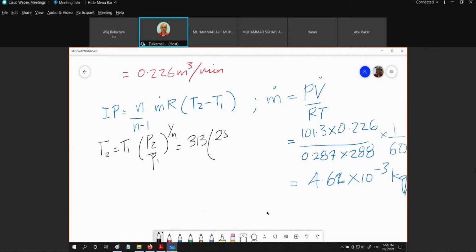So ni ada 25 bagikan dengan 1.013, 1 divided by 1.3. So you get higher T2, higher T2 compared to problem 3.12.3.